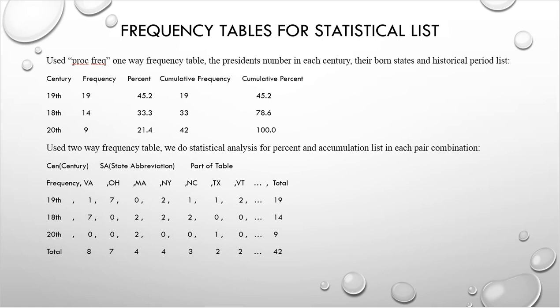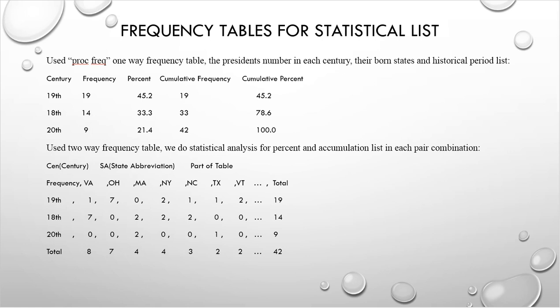We also can count, in New York state, we want to know in the 18th century how many presidents were born: two presidents. We want to get some very detailed points. A two-way frequency table can provide that.